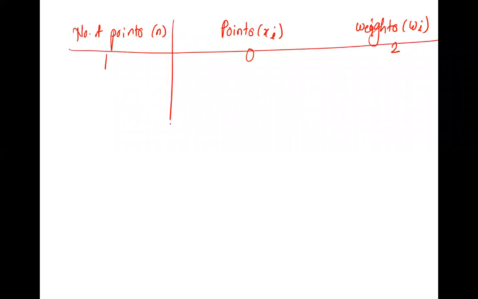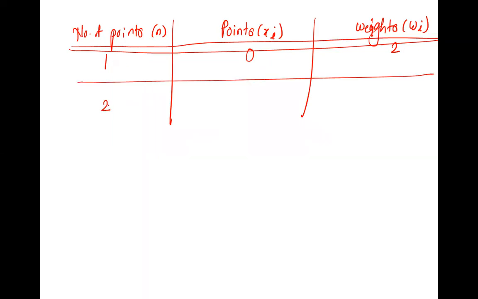Make a table. Second, if n is 2, the value of x is plus minus 1 by root 3, and both the w's, w1, w2, are 1.